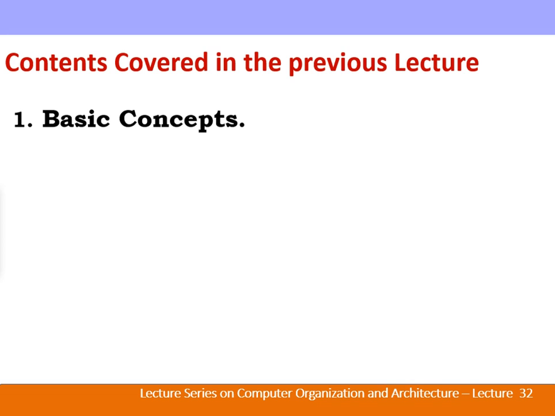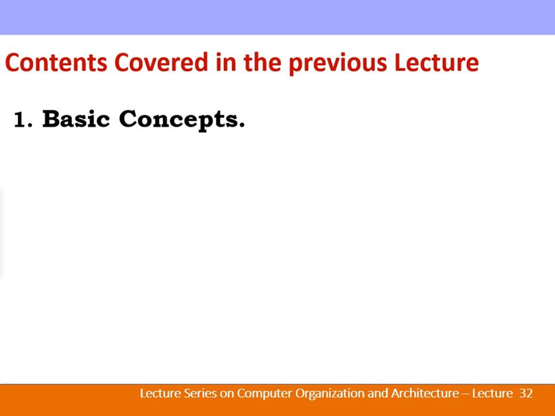Contents covered in the previous lecture are basic concepts. Under basic concepts, with respect to memory, we discussed the maximum size of memory a computer can access, and the different types of registers involved when data needs to be transferred between the processor and memory. The registers we discussed are the memory address register and the memory data register.